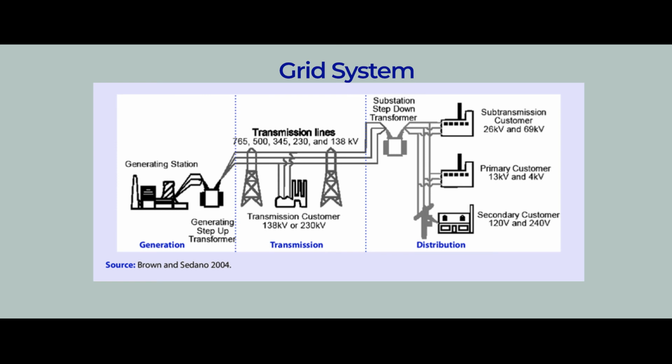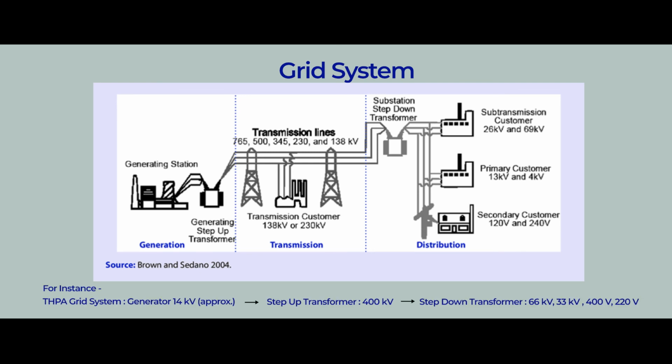And just to give you an idea, here I have given you an example of the THPA grid system. From Tala Hydro Project Authority, we produce electricity, and at the generation point, it is about 14 kilovolts approximately. Then it is passed through a device called a step-up transformer, and the electric current is changed into about 400 kilovolts, and then it is transmitted over a longer distance.